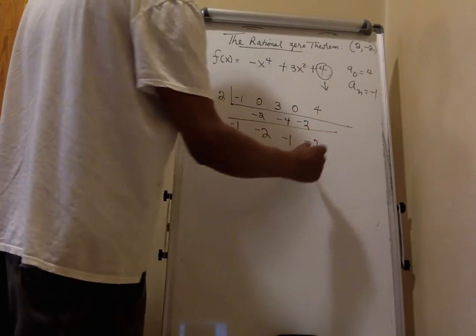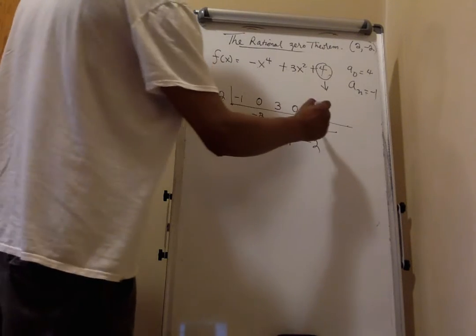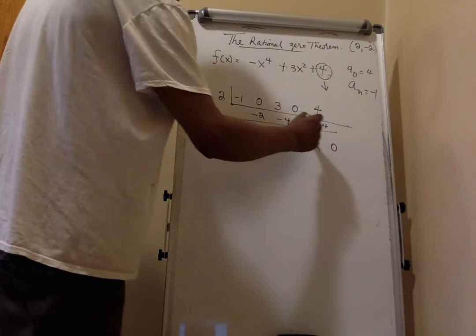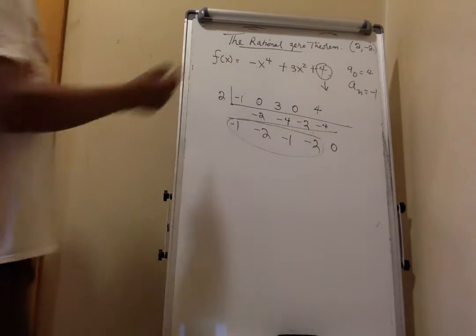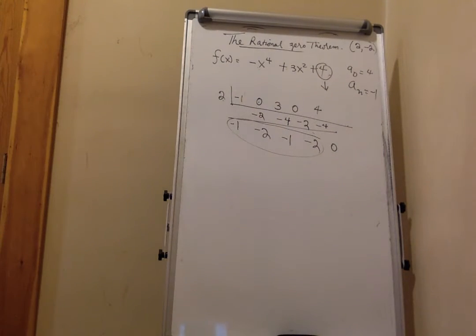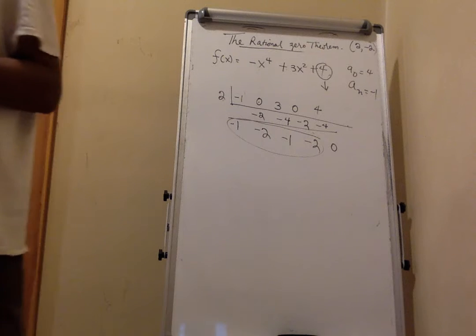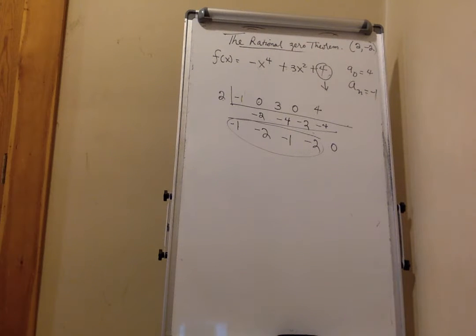And then we have negative 2, and negative 2 times 2 is negative 4. And 4 plus negative 4 is 0. Okay? So we proved 2 is the 0 of the polynomial. You can also apply negative 2. It's not that difficult of a concept.